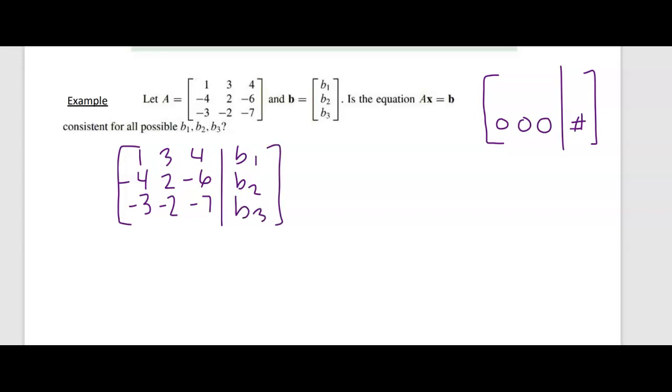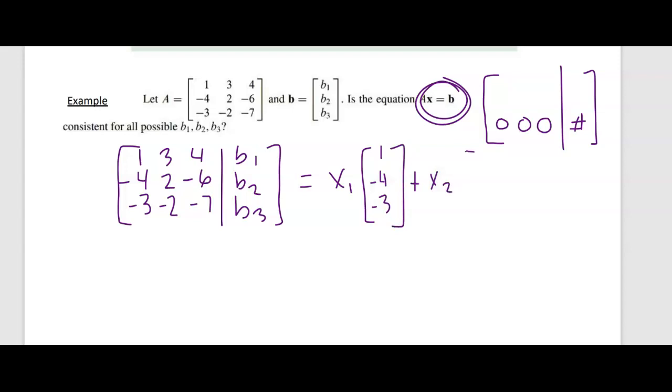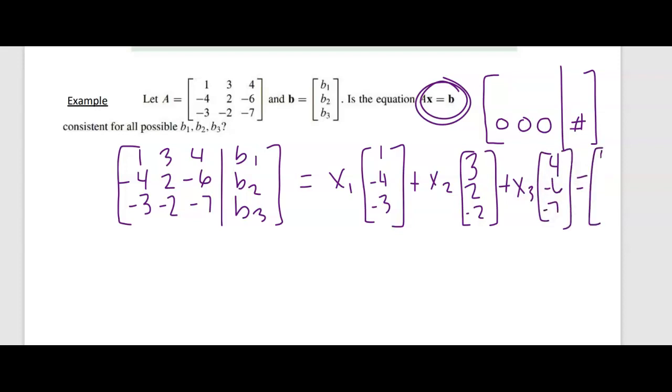And let's just write for our knowledge what that means. That means that x1 times this column vector plus x2 times this column vector plus x3 times this column vector must give me the solution b1, b2, b3.